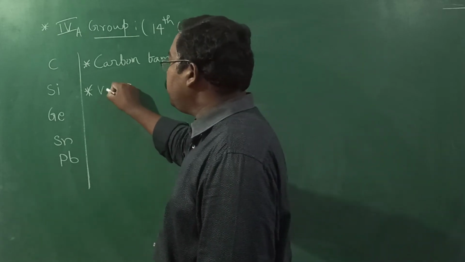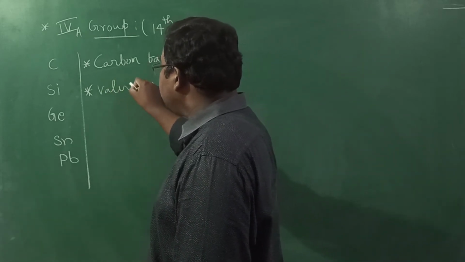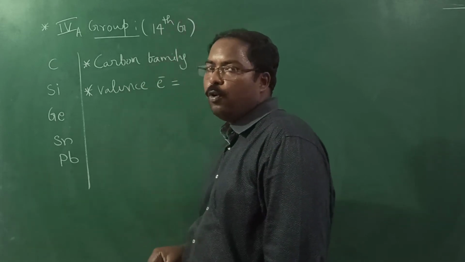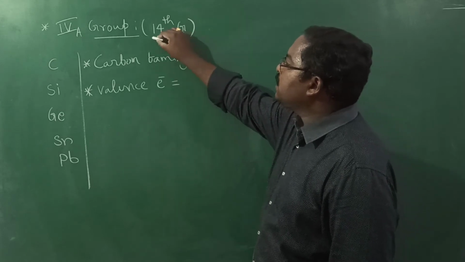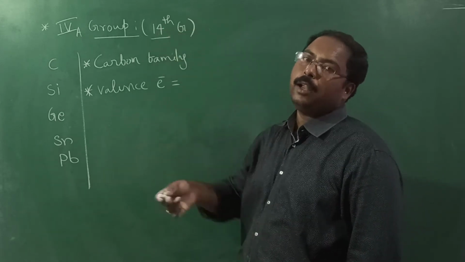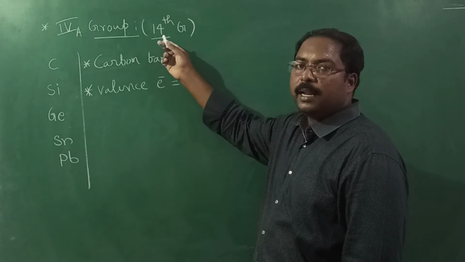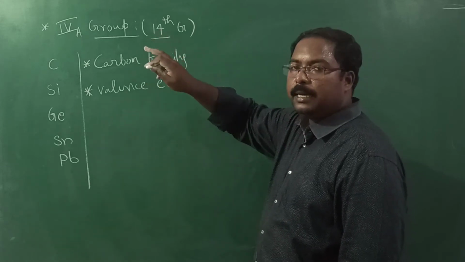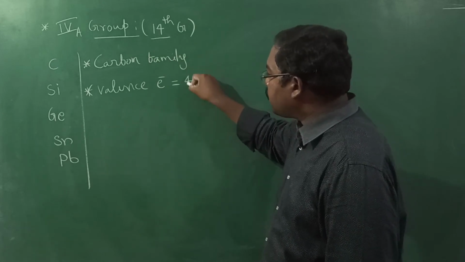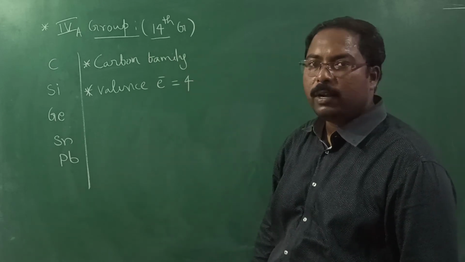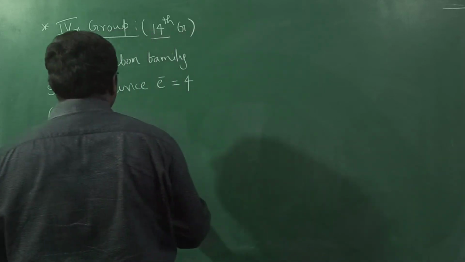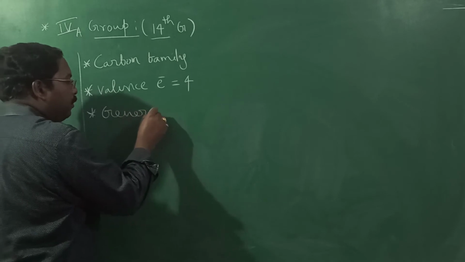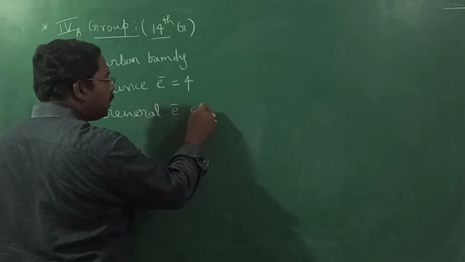As I already told you, what will be the number of valence electrons? The number of valence electrons is equal to 4. Because I told you from 13 onwards, whatever the number is, from that we have to subtract 10. From 14, if we subtract 10, the number of valence electrons is 4. When 4 electrons are there, how to write the general electronic configuration?